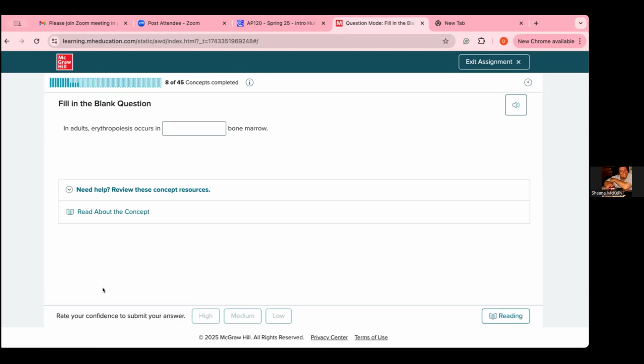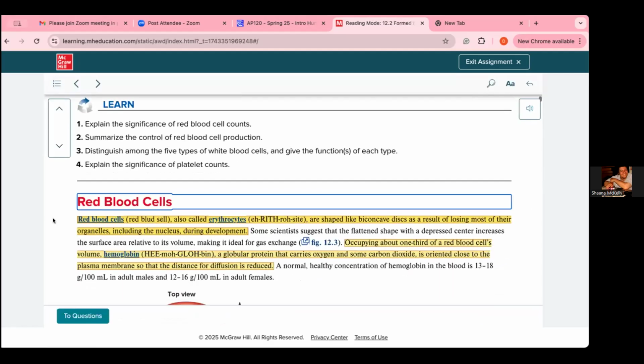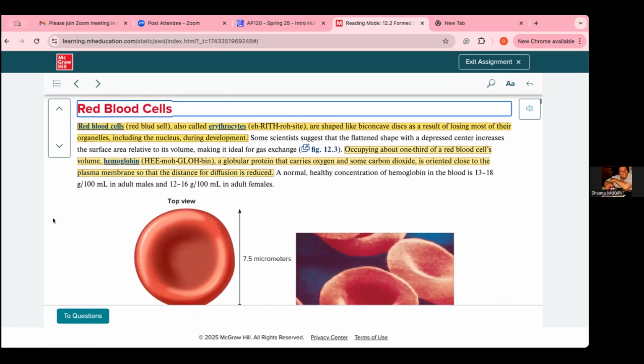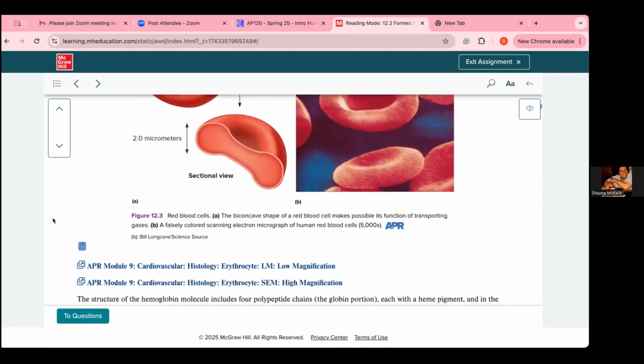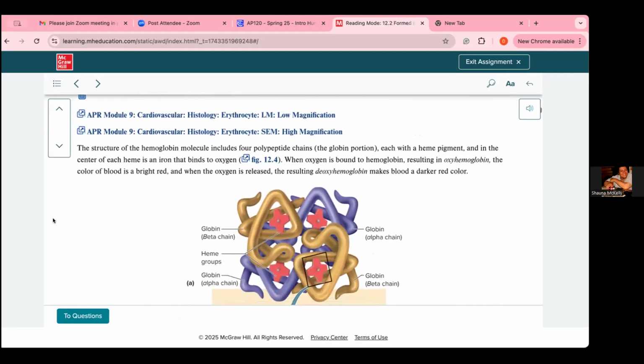Let's click on it, but I think that's bone marrow. Let's see. Okay, keep going. Keep going.